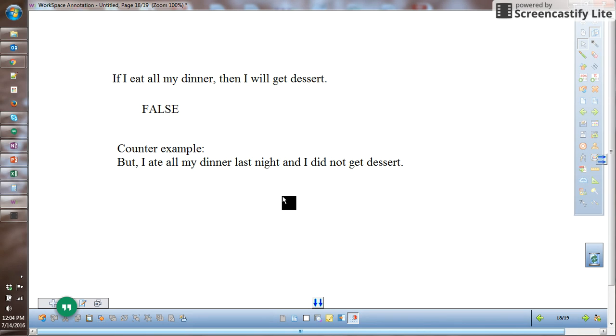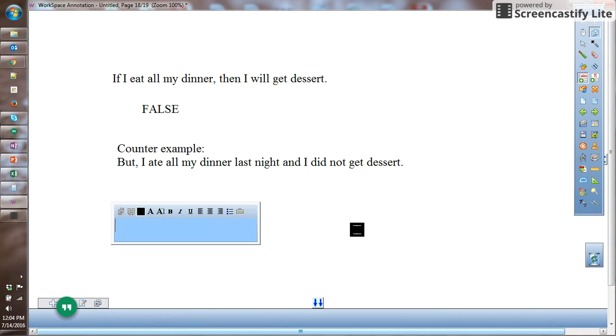Now, usually after you prove that something is false by using a counterexample, you usually throw a sentence afterwards, not a statement. A sentence afterward, and it usually starts with therefore. I'm trying to think of which. Here we go.